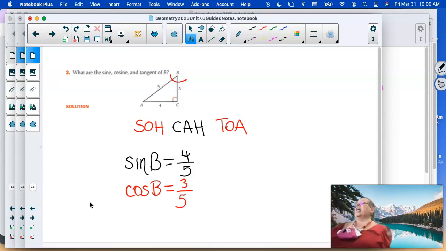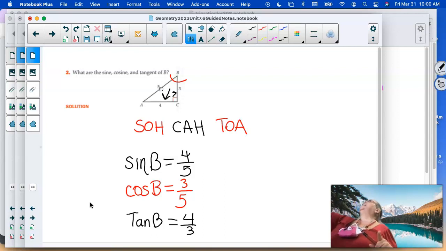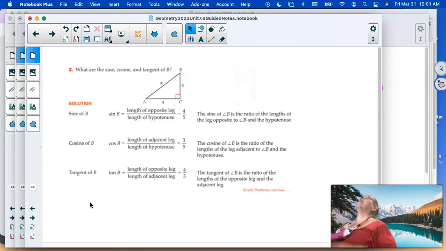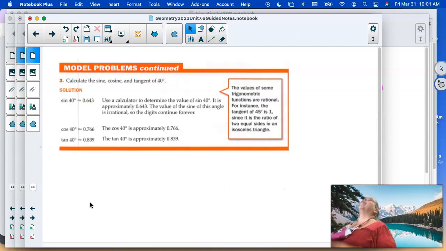The tangent of angle B, remember we're looking at angle B, is the opposite over the adjacent, so it's going to equal 4 over 3. You notice the fraction 4/3 is greater than 1. Tangent is the only thing that can be greater than 1. And there are our answers.